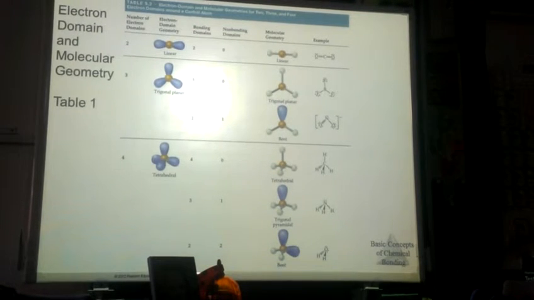But if I have 2 bonding domains, so 2 bonds and 1 lone pair, then it's no longer trigonal planar. Its molecular geometry is called bent. If I move to tetrahedral, so here's 4 electron domains. If there's 4 bonding and 0 non-bonding, it stays tetrahedral. If there's 3 bonding and 1 non-bonding, so a total of 4 domains, but 3 are bonding and 1 is non-bonding, that's called trigonal pyramidal. And then if it's 2 and 2, that's also going to be bent.